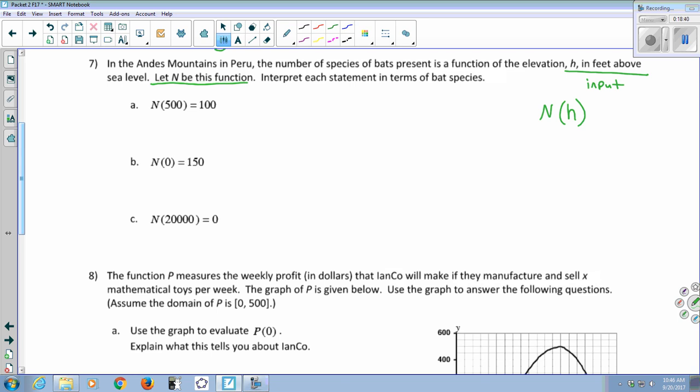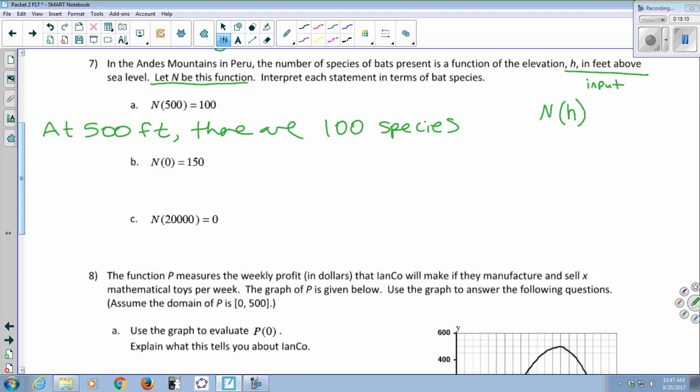So the 500, whatever's in parentheses, is an elevation, and then the output is number of species of bats. So this 500 is representing feet above sea level. So I'm going to say at 500 feet, the output of 100 is species of bats. There are 100 species. And of 0 is 150.